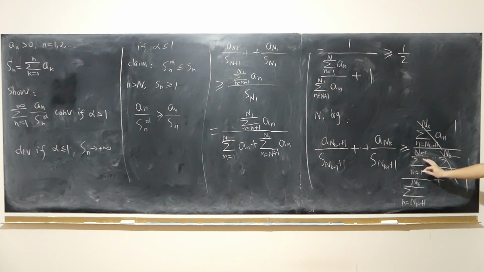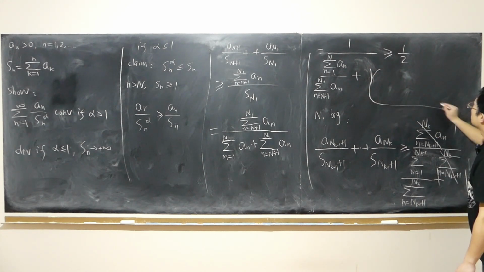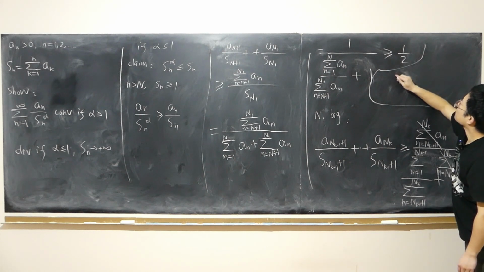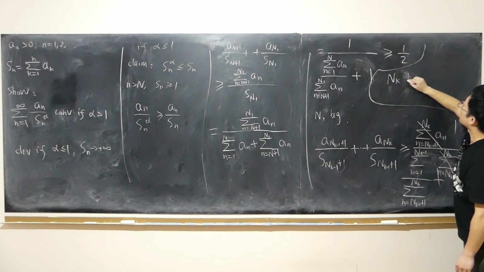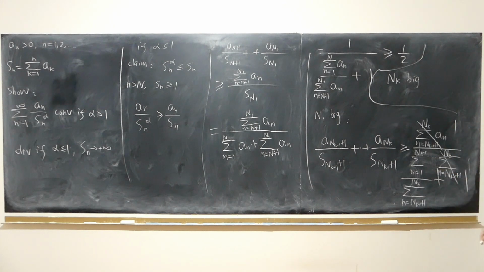Same reason. Like I said, the top sum, the partial sum, is fixed, even though capital N sub k minus 1 is big enough, but still fixed. Now, the bottom, I say, the bottom can be bigger than the top, as long as capital N sub k is big enough. This is definitely doable.